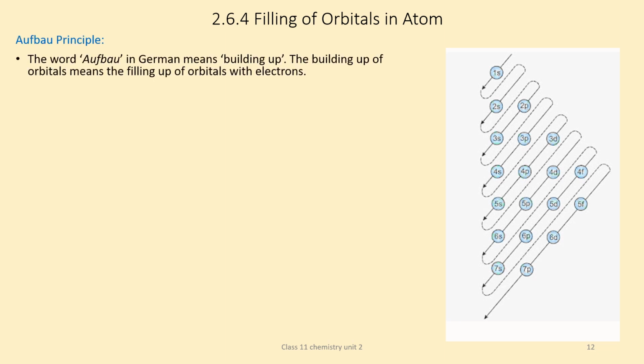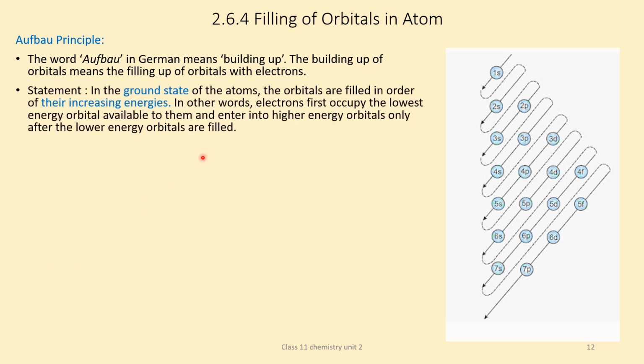Aufbau principle. The word Aufbau in German means building up. The building up of orbitals means filling up of orbitals with electrons. This principle states that in the ground state of atoms, the orbitals are filled in the order of their increasing energies.